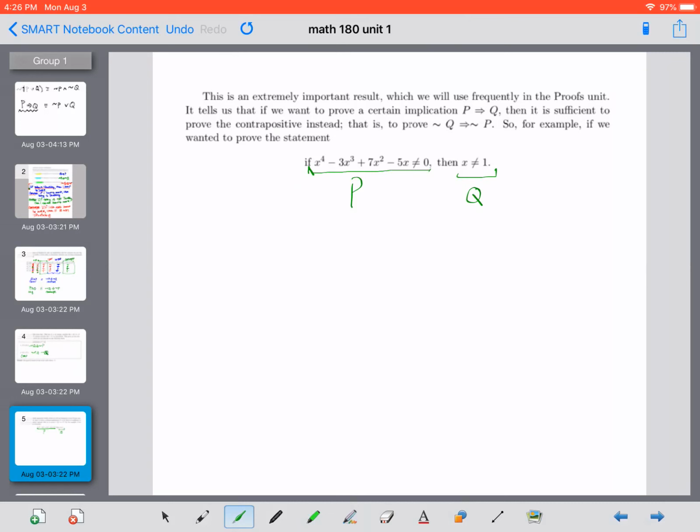Alright, I don't really have any idea how I would start to prove this, but what we can do instead is prove the contrapositive.